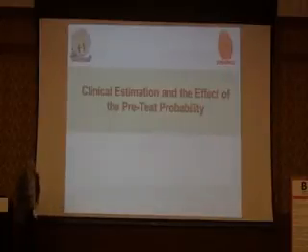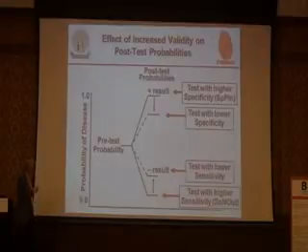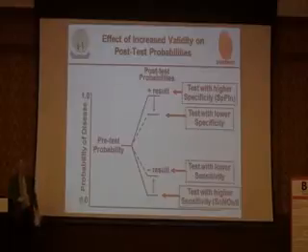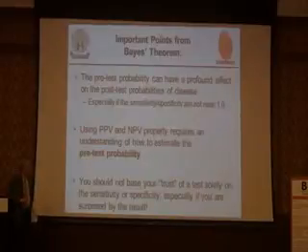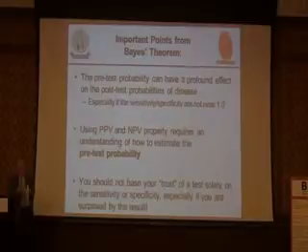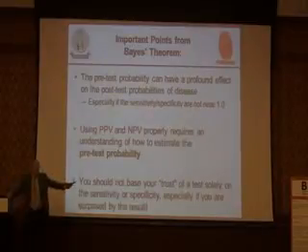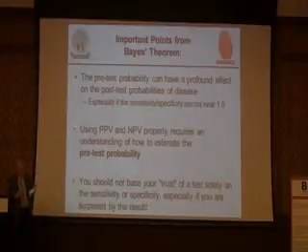Now, the next thing I want to talk about is this pretest probability and what exactly that is. So the pretest probability can have a profound effect on the post-test probabilities, especially when the sensitivity and specificity are low.